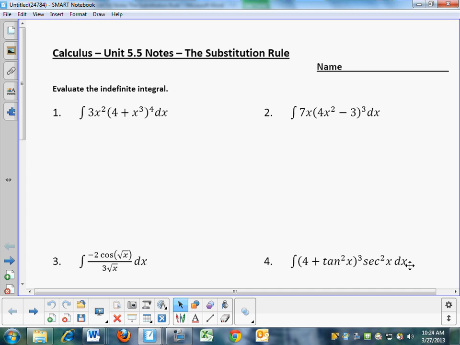Raise your hand if you're planning on moving into calculus 2 next year. Okay, 1, 2, 3, 4, 5, 6. If you want to experience success in calculus 2, this skill that we're going to learn right now has to be absolutely perfected by you. What you're doing right now is the substitution rule.